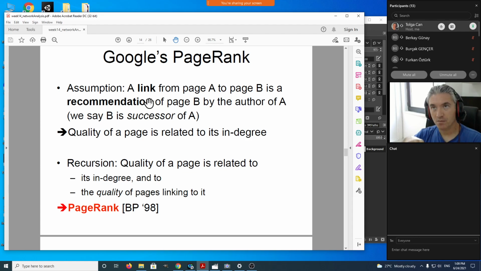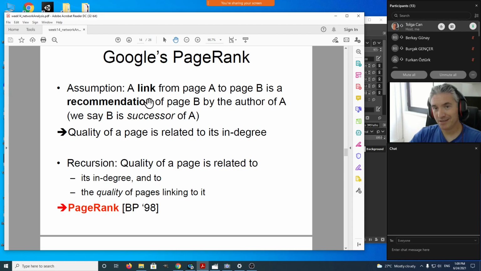So instead of directly counting the in-degree, Google decided to consider the quality of those links. In other words, are those links coming from important web pages or not? If the link is coming to you from an important page, then the link should be counted larger. If it's coming from a non-important page, we shouldn't count that link at all.